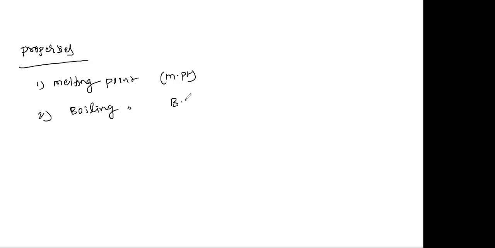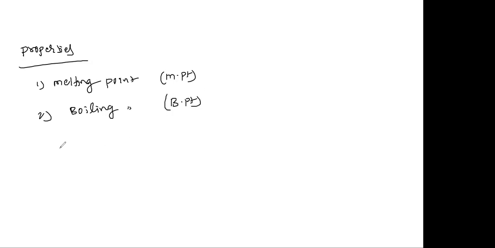What are the properties? One is melting point. Generally, we write MPT for melting point. Second is boiling point.